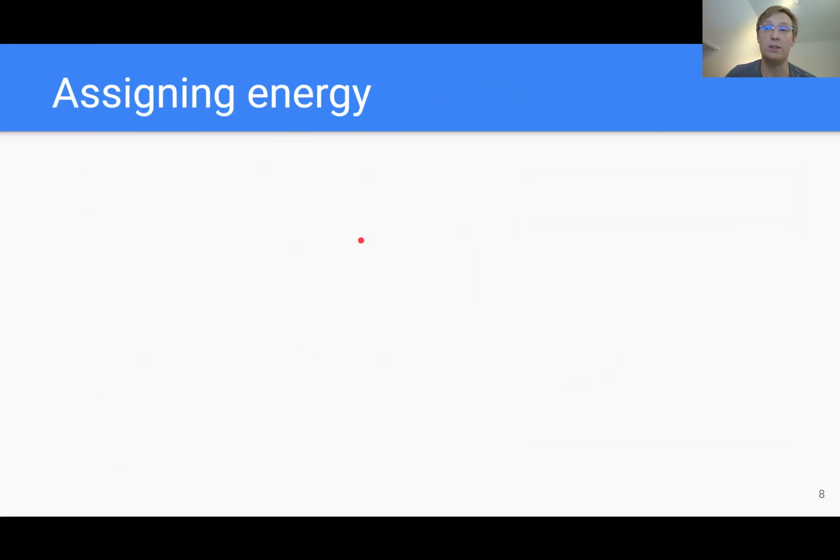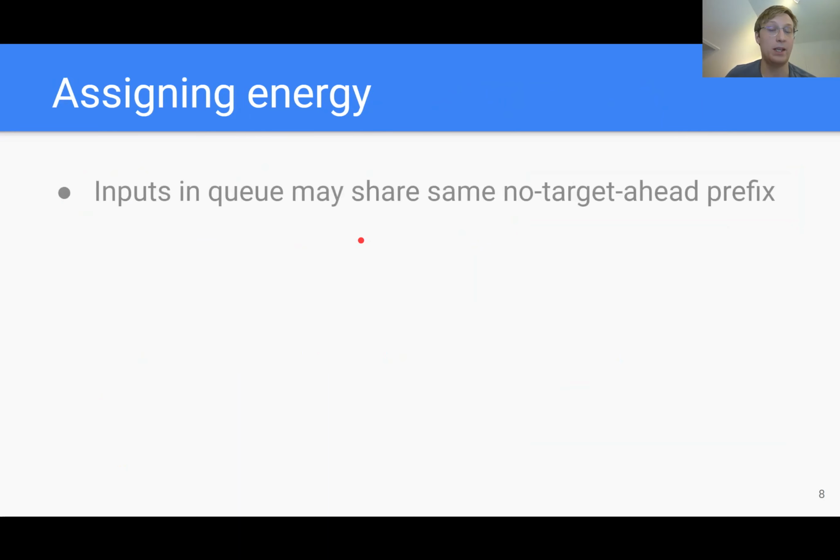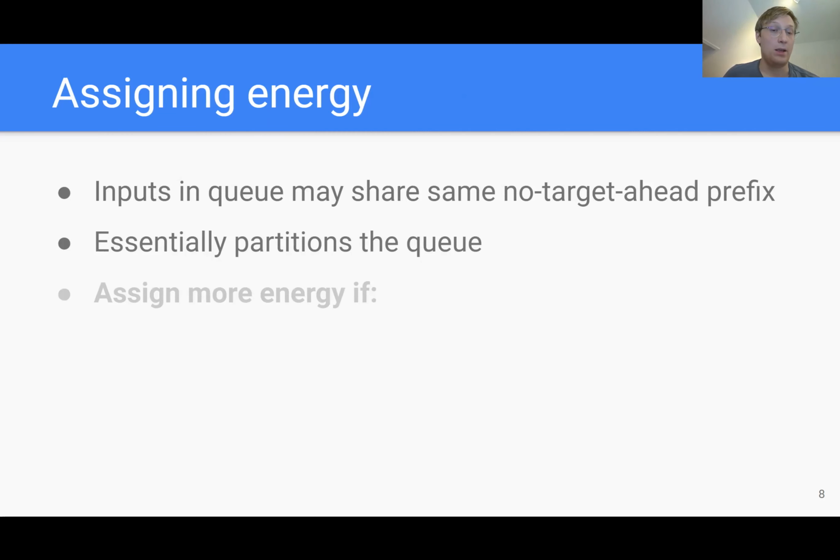Let's look at this in more detail. As you can see from the previous description, all inputs in the queue have a different path ID. However, they may share the same noTargetAhead prefix. And this essentially partitions the queue based on the noTargetAhead prefix. We use two conditions to determine if we assign more energy to a given input.